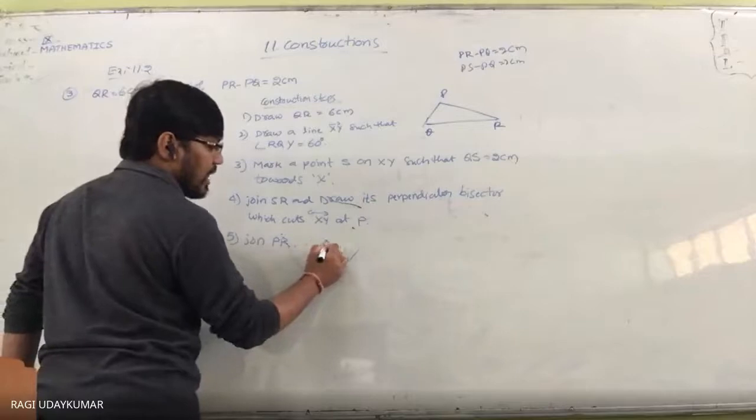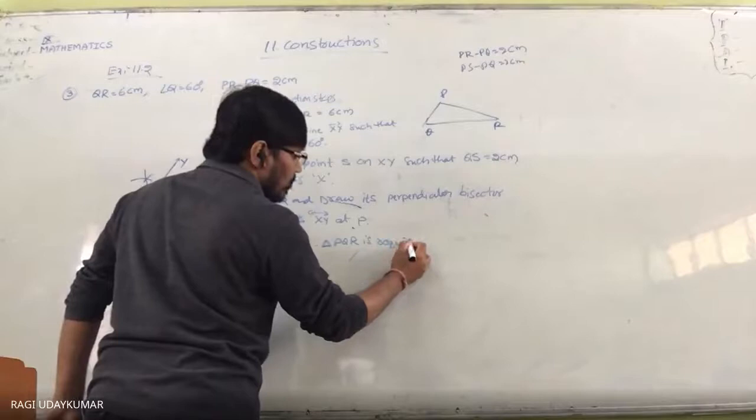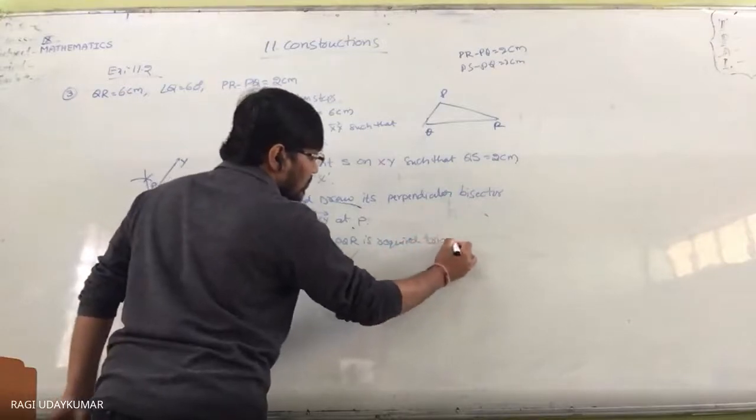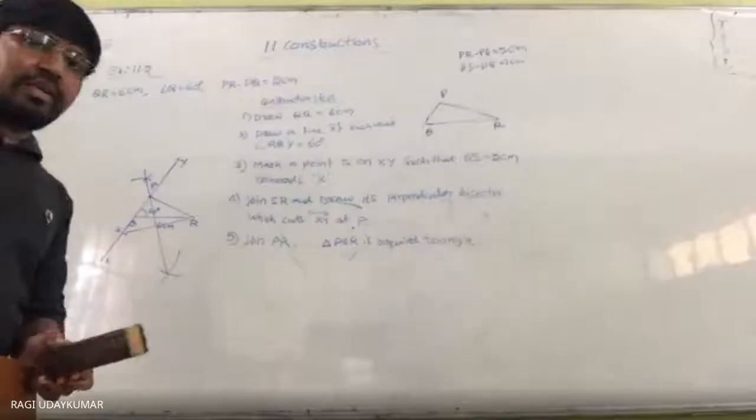Therefore, triangle PQR is the required triangle. PQR is the required triangle.